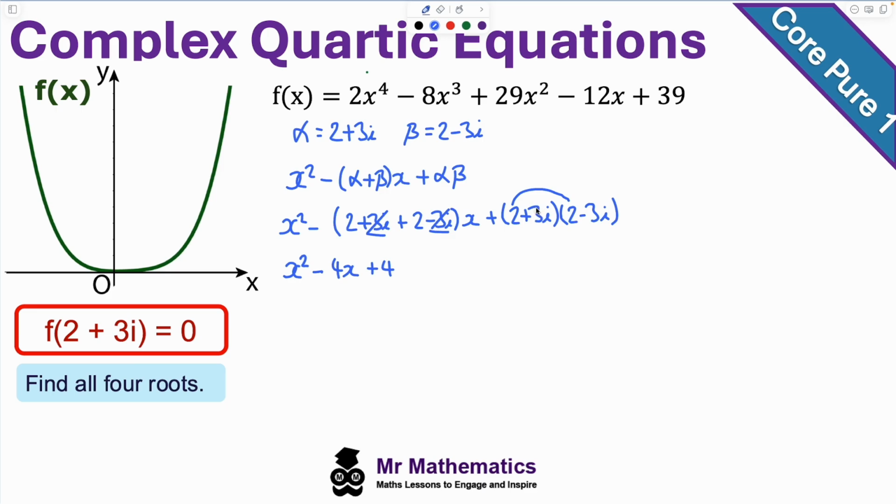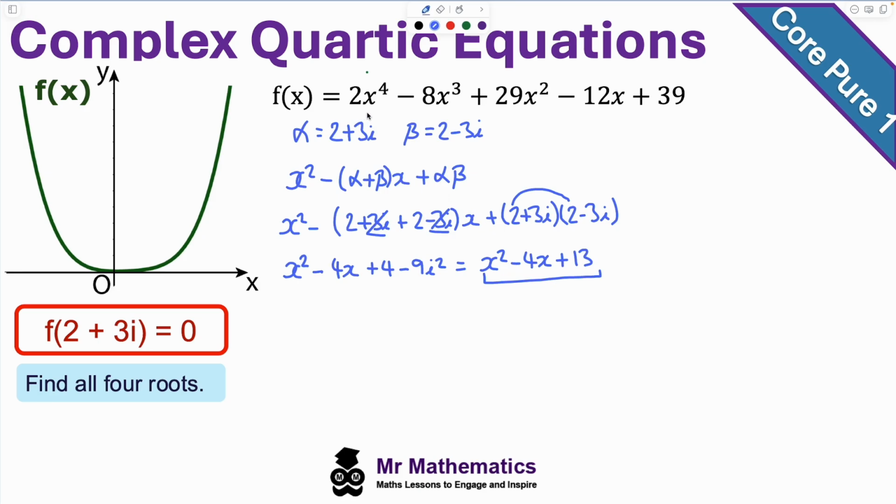So we'll be left with the positive 3 times the negative 3, so negative 9, and then the i times the i, so i squared. But we know that i squared is negative 1, so we'll have the 4 minus negative 9. So this will simplify as x squared minus 4x plus 13. And this will be the quadratic factor.